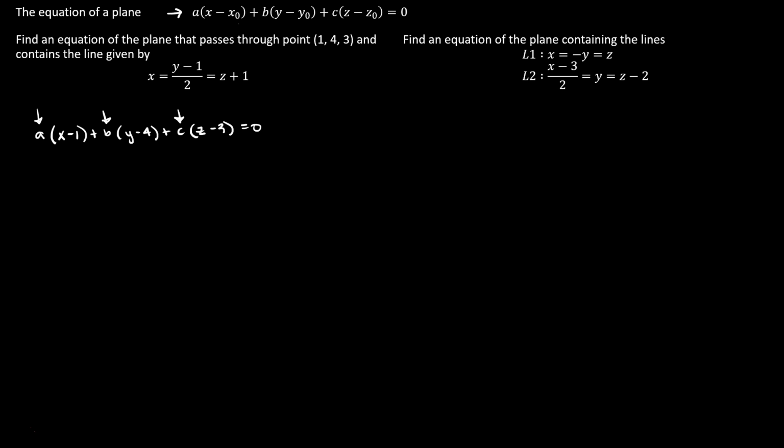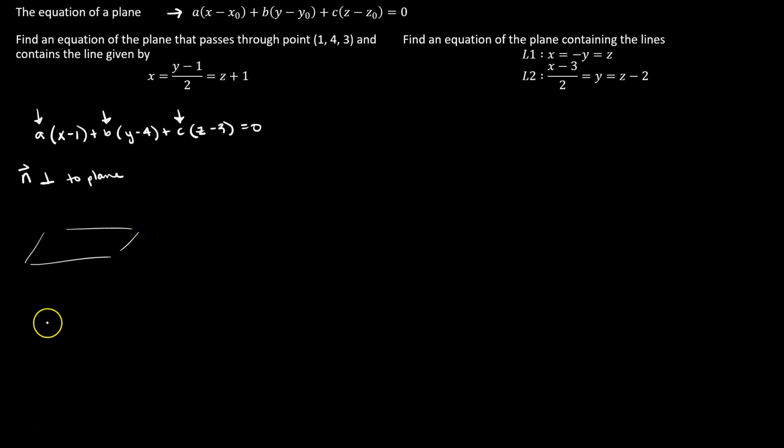So to do that, we need to find a vector n that is perpendicular to the plane. Now, we're not given that, but we are given enough information to find it.